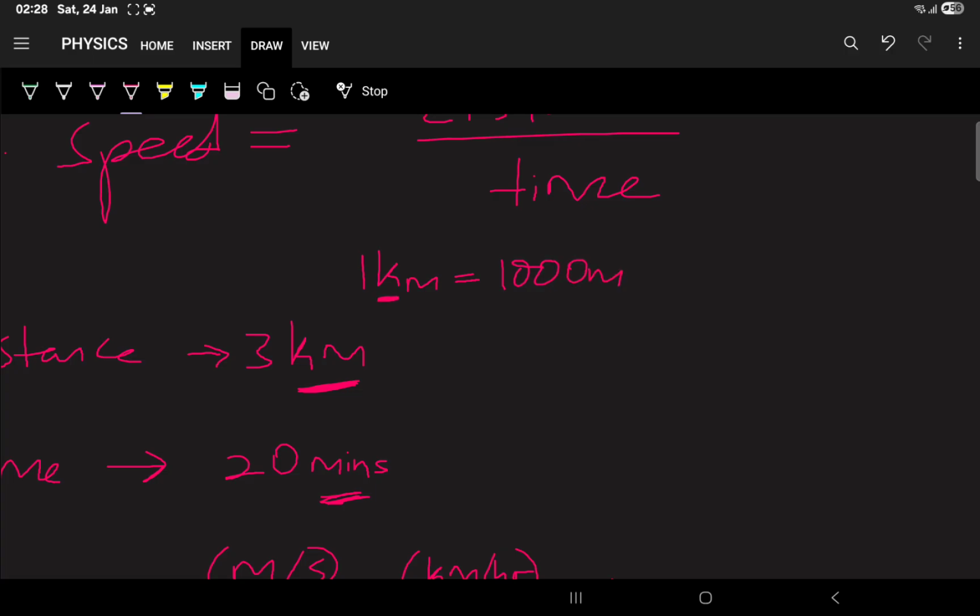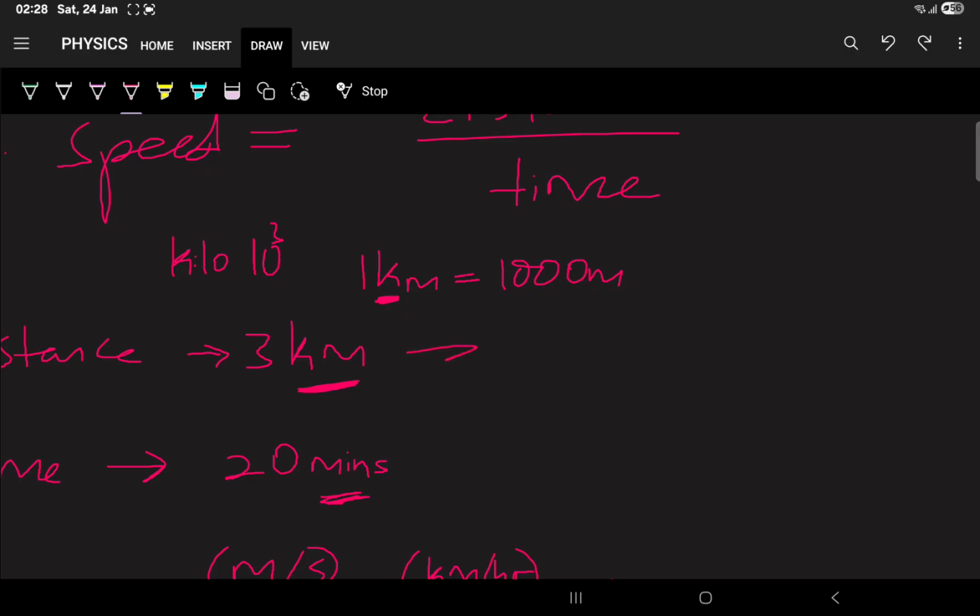Now this prefix here, kilo, means 10 raised to the power of 3. That's why it's simply 1 times 10 raised to the power of 3 meter. So 1 kilometer is 1000 meter.